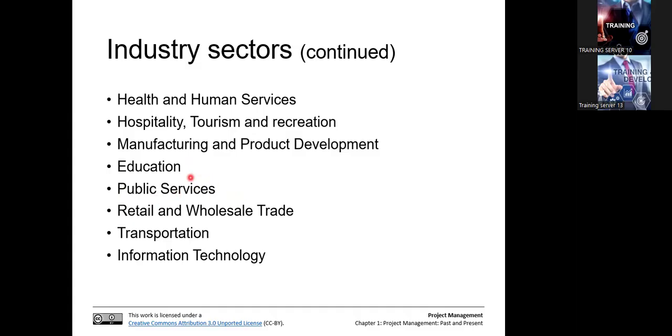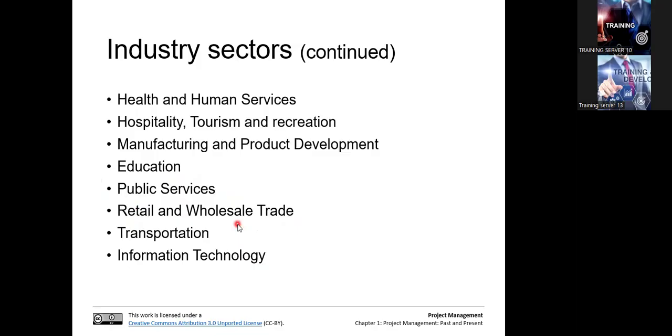Public service, the places that will have all of the services that people are used to having in their area, and retail and wholesale trade. We also have that type in projects, right?